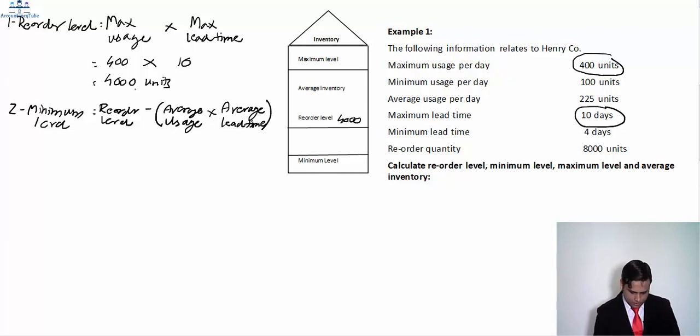That's the formula for this. We have already computed our reorder level, which is 4000 units.